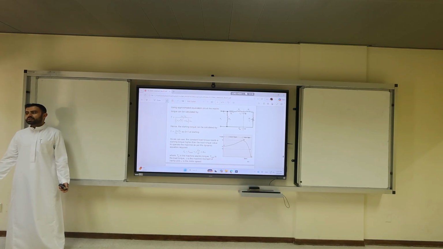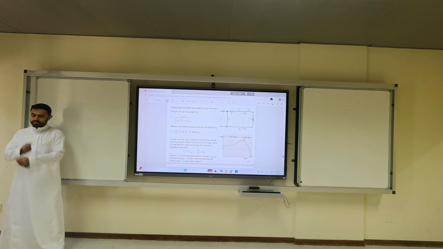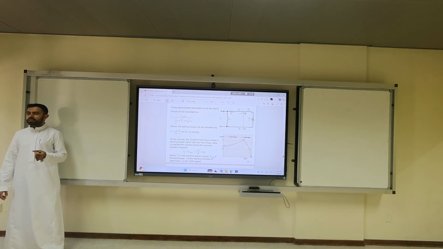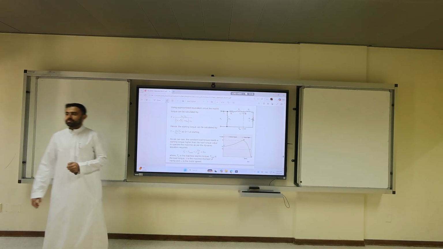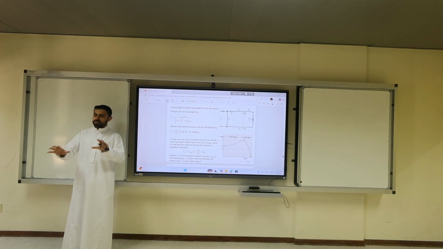Yes, so the starting torque is small. Now, let's say you have a hoist. Can you pull it with your finger? No. You need to pull it strong. So this is one way to assess the starting torque. The wind turbine, is the starting torque low or high? Low, because this is a fan load. So you get a sense now of the different types of loads.